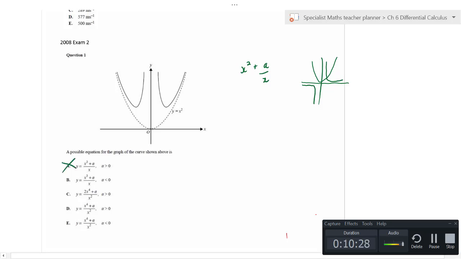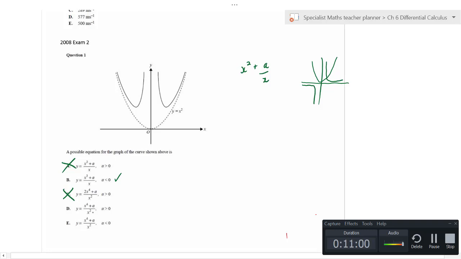Okay? Now, I definitely want an asymptote of y equals x squared. So let's see which one. Can you see there that C, if I divide that, that's going to give me 2x squared. So cross that out. Yes? Now, it could be D, it could be E. Now, we know for a fact that over here we've got a negative hyperbola, rectangular hyperbola.